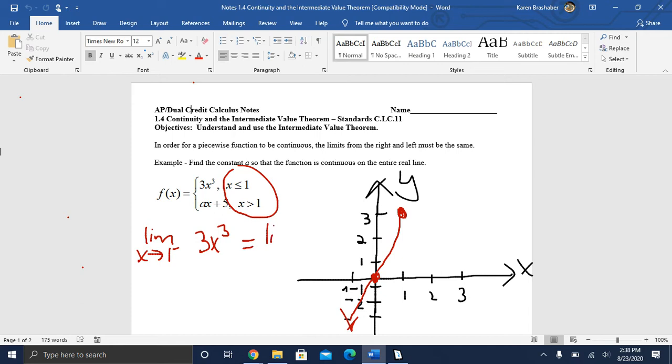So then we'd have the limit as x approaches 1 from the right. And for that part of the limit, we need to use the branch of the piecewise function where x is greater than 1. And so that would be for ax plus 5.